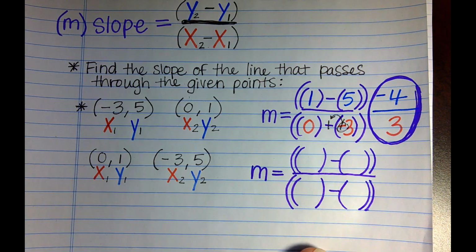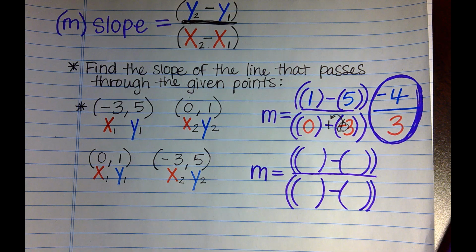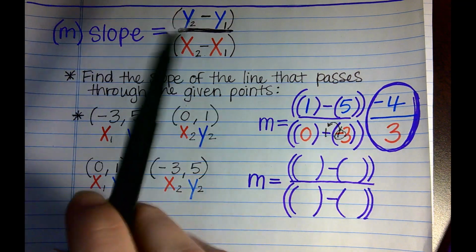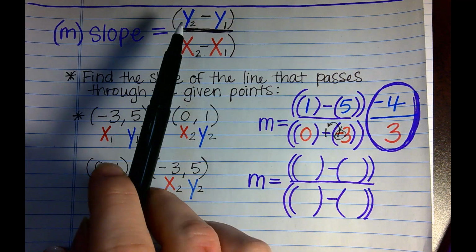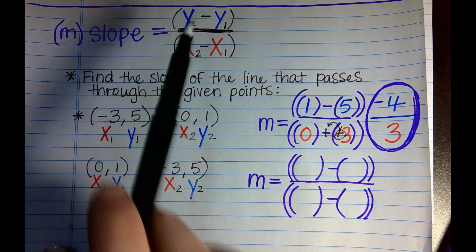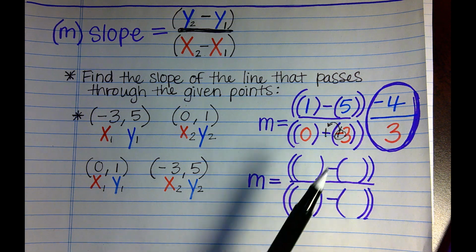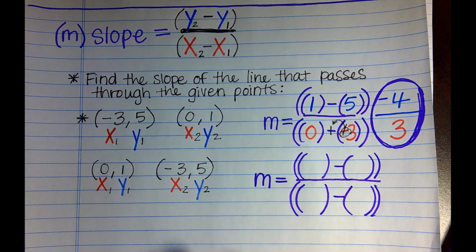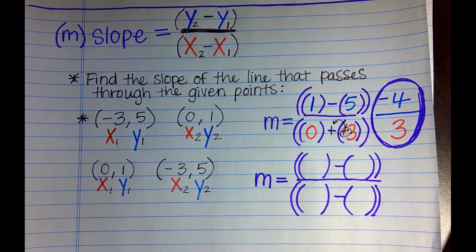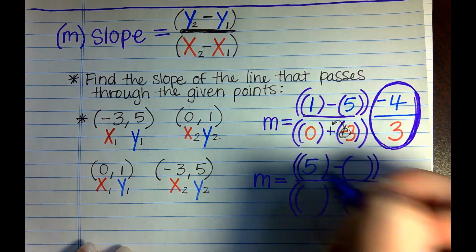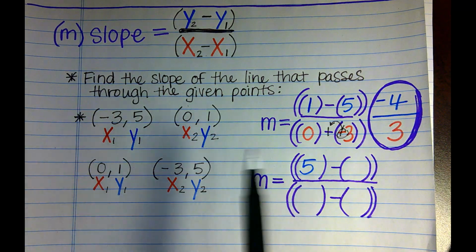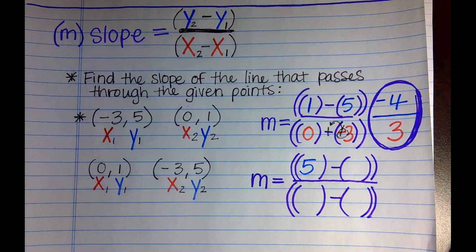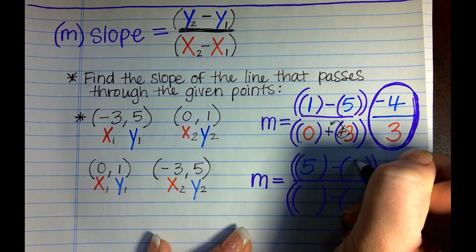Let's think about this now. y2 is the first value I need to put in my formula. What number did I label as y2 over here? 5. So I'm going to write 5. And what did I label as y1? 1. Good.